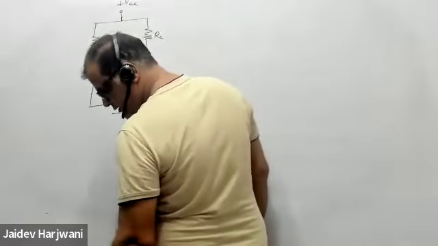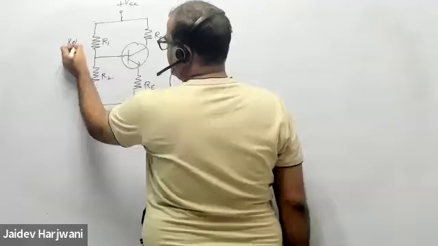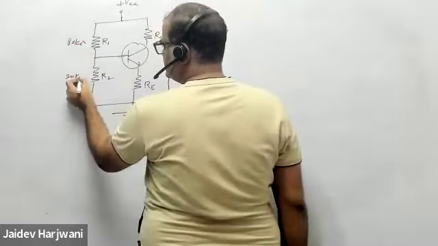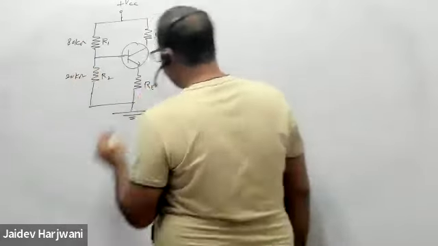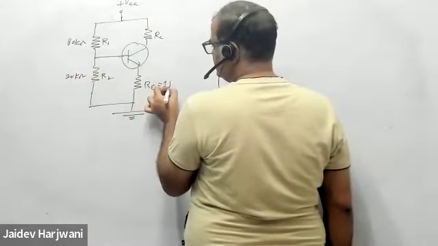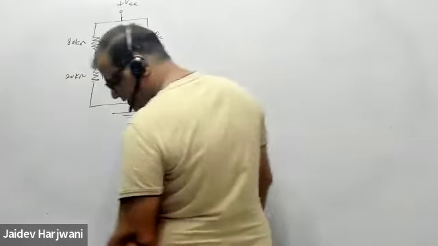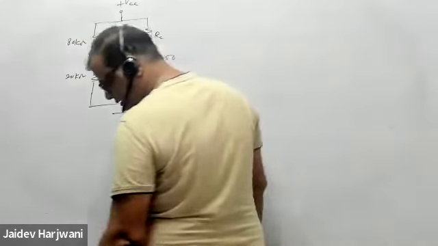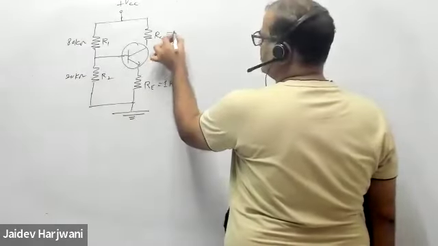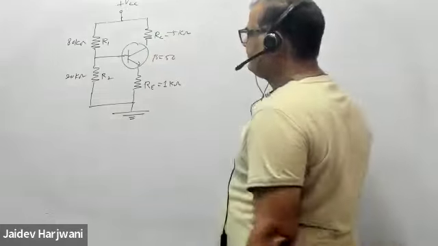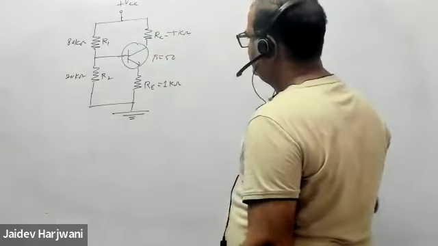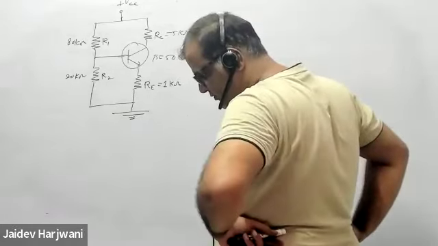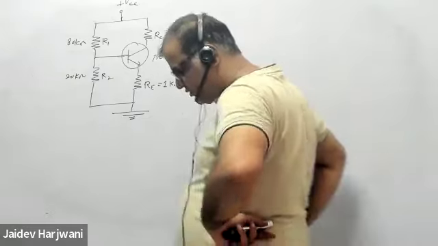Okay. R1 is 80 kilo ohm, R2 is 20 kilo ohm, and RE is 1 kilo ohm. Okay, beta is 50. RC is 5 kilo ohm.